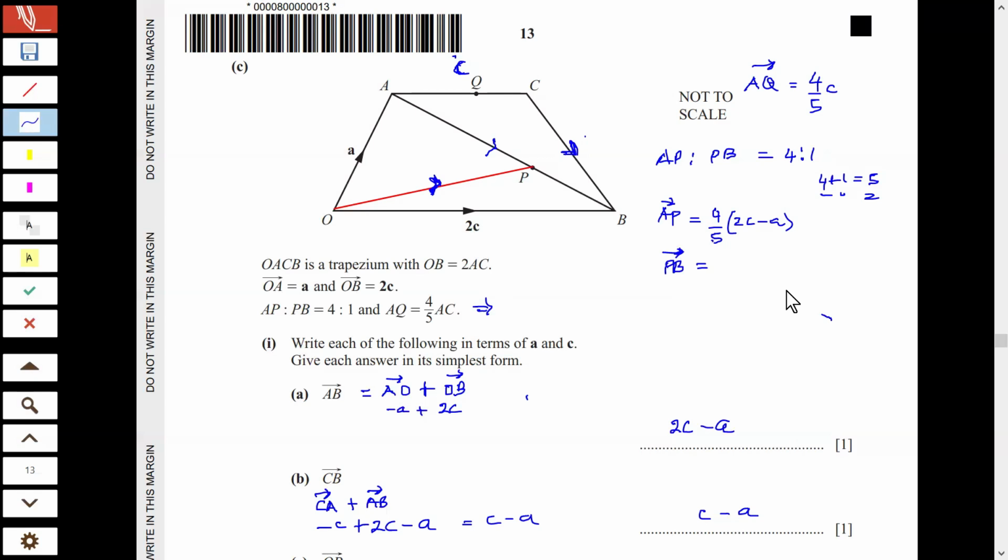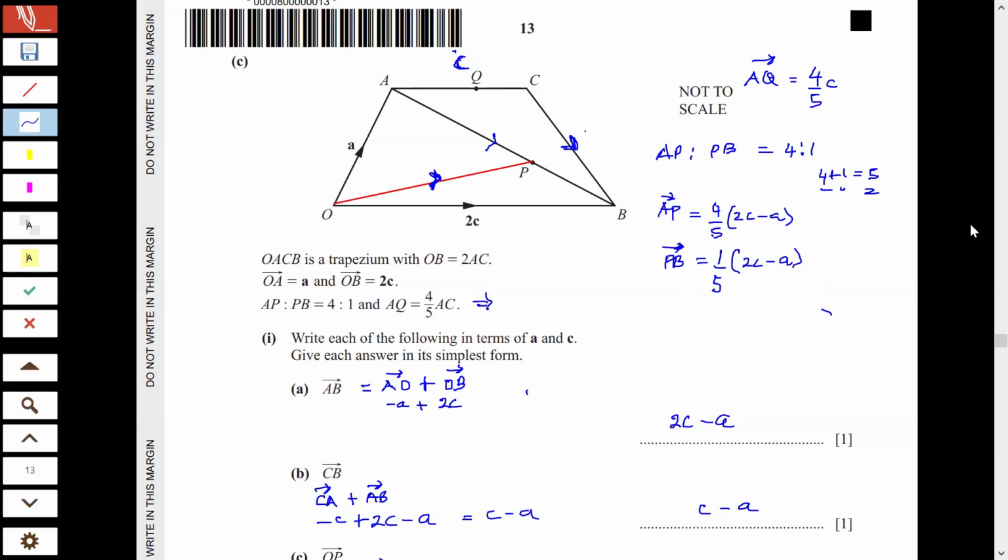AB. The whole of AB is 2C minus A. That's why it's 4 over 5 times 2C minus A. And for PB, which is 1 over 5 of AB, that is 1 over 5 times 2C minus A. It is very important to understand and get these key points down before we can proceed to answer more questions.